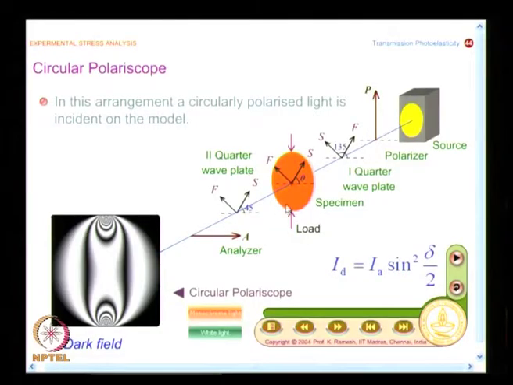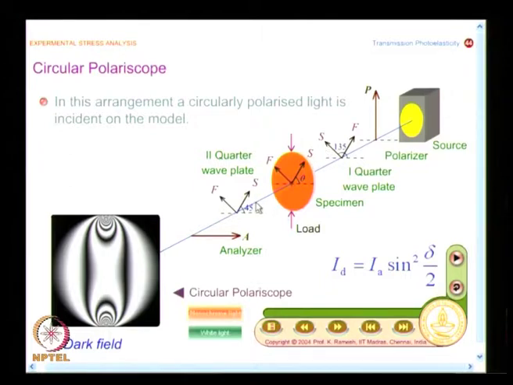Now, let us understand when the model behaves like a full wave plate. So, what will happen? Whatever light is incident on the model will come out with the same characteristics. I send a circularly polarized light, then I get a circularly polarized light coming out, and this circularly polarized light hits the second quarter wave plate. And this is where you have to note down the advantage of keeping these two quarter wave plates crossed.